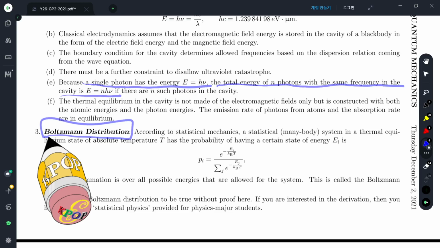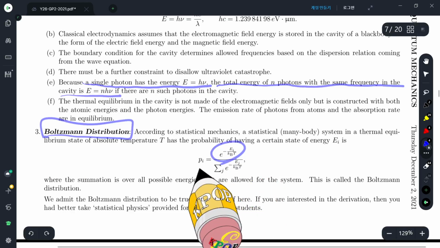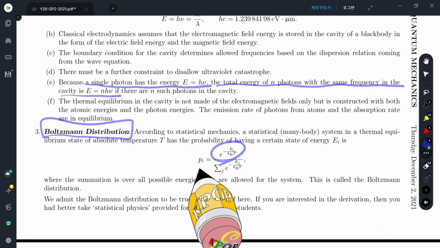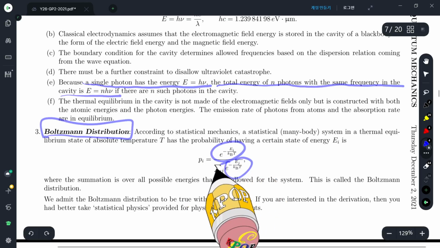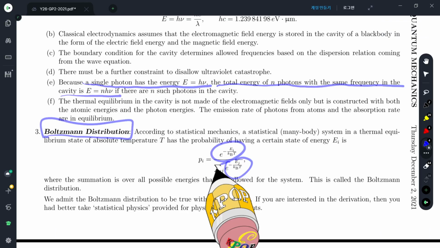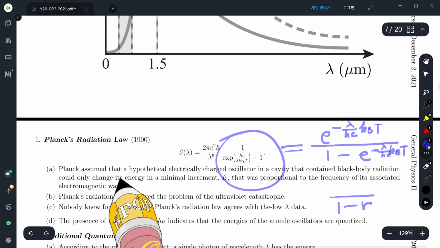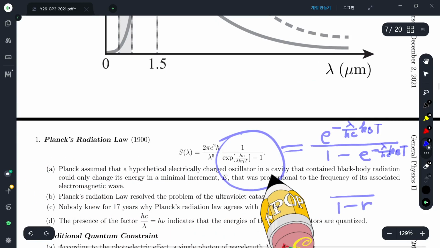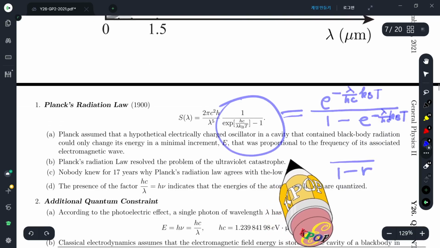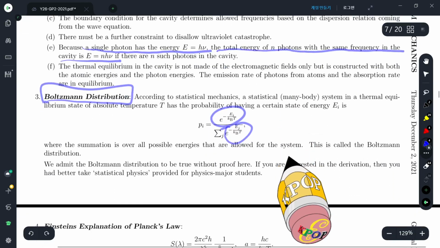If we consider the probability of having one photon, two photons, three photons, n photons, each such state has a weighting factor like this, and then all of the probabilities should be averaged over. So the sum of those probabilities, and the energy is proportional to multiples of h nu. As a result, Planck's radiation law is completely understood in terms of the quantum theory of a harmonic oscillator.